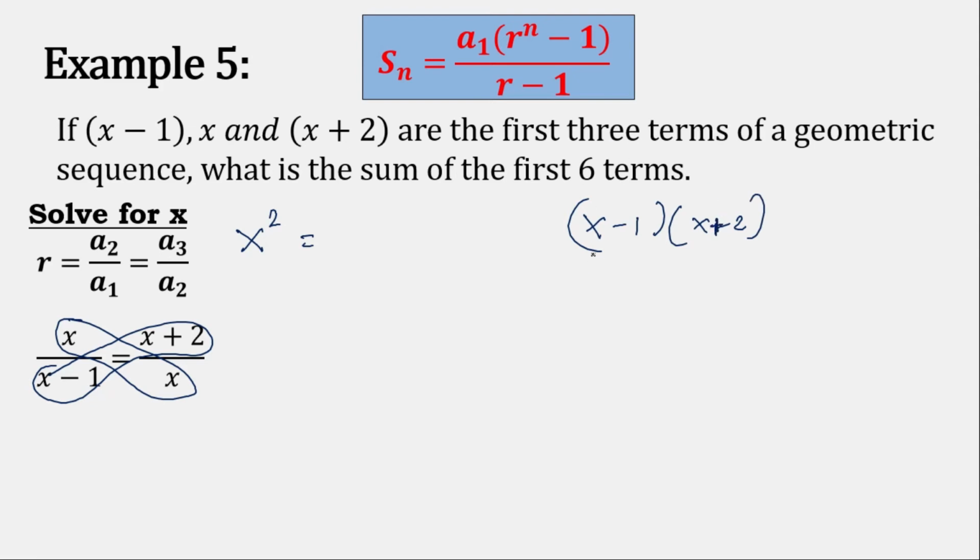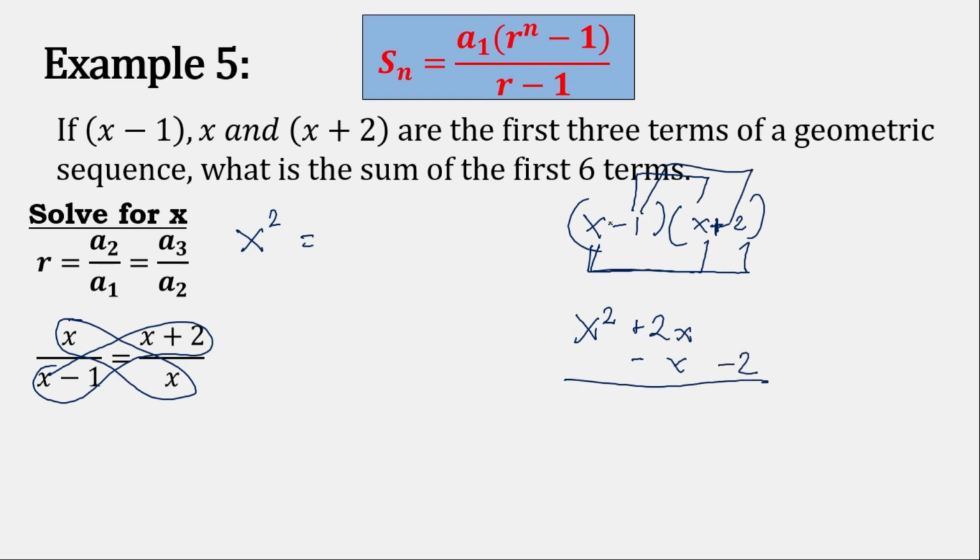If you can still remember your FOIL, let's do the first terms. X times x is x squared. X times 2 is positive 2x. Then negative 1 times x is negative x. Negative 1 times 2 is negative 2. Let's combine like terms. So we have x squared plus x, these are like terms, minus 2.